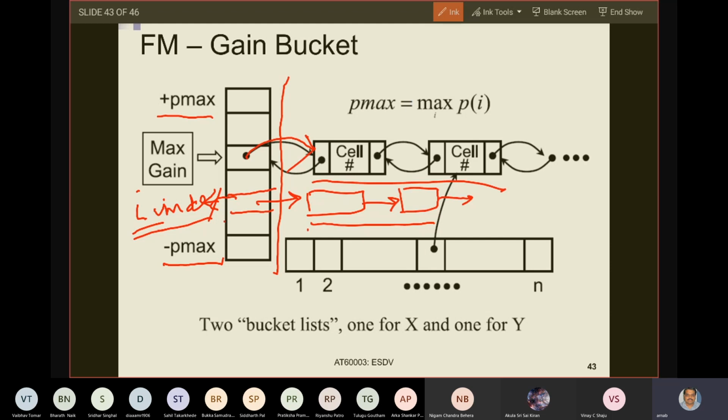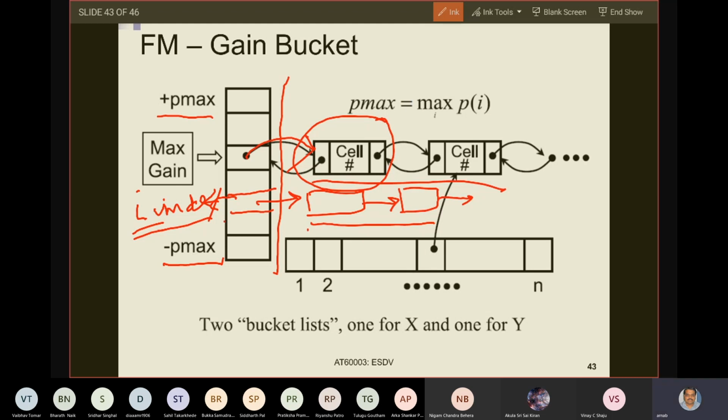Suppose I am choosing the task from X to Y for movement, then I will choose, let us say, this task, which I have circled, and I will move it to the other side. Are you with me?